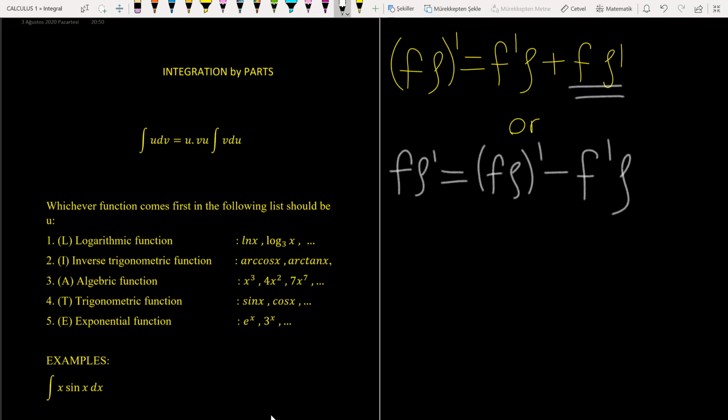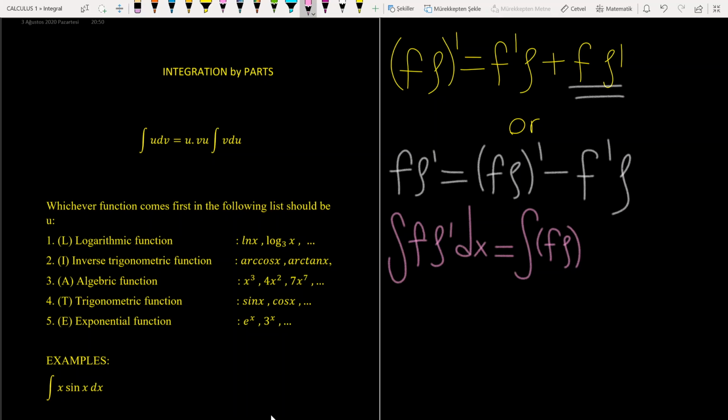Integrating this equality with respect to x, we get the integral of f g prime dx, of course, is the integral of f g prime dx minus the integral of f prime g dx.